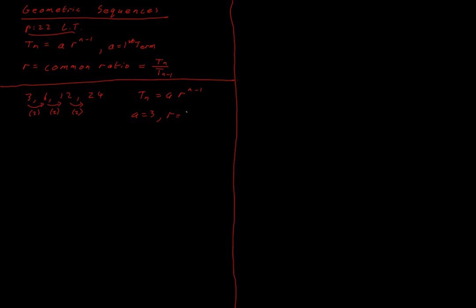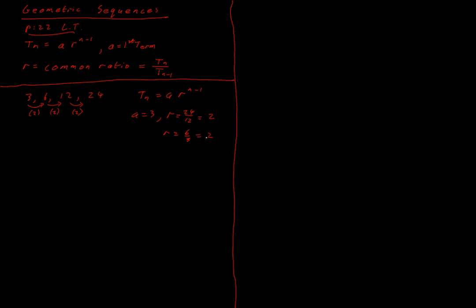So 24 divided by 12 should give me my common ratio of 2, or could just as easily be 6 divided by 3, which also gives me 2. So just like d would be any two consecutive numbers subtracted from each other, any two consecutive numbers dividing each other will give me my common ratio of r.